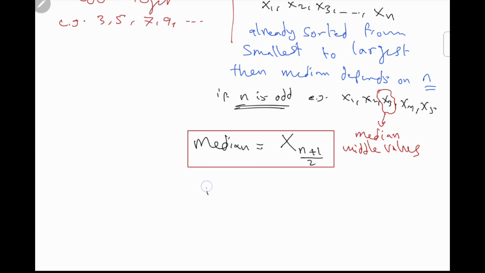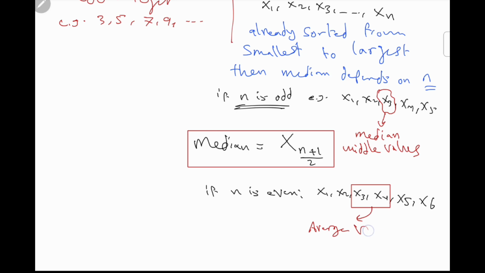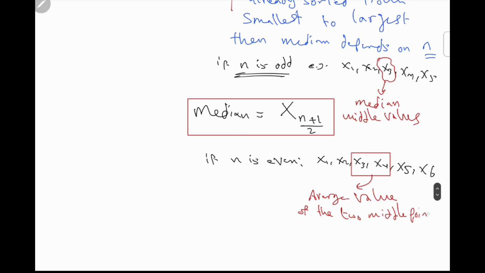However, if n is even, for example x1 through x6, then the median is just the average value of the two middle values.